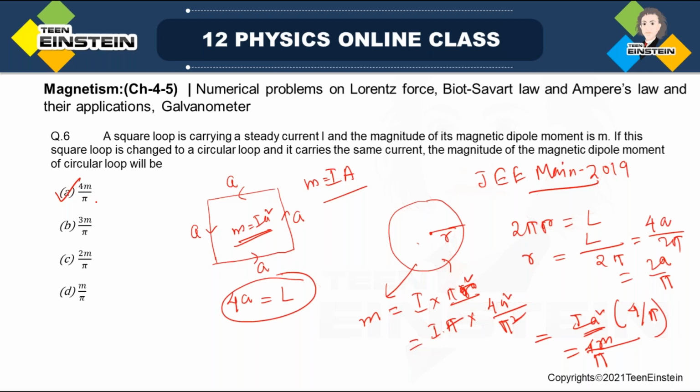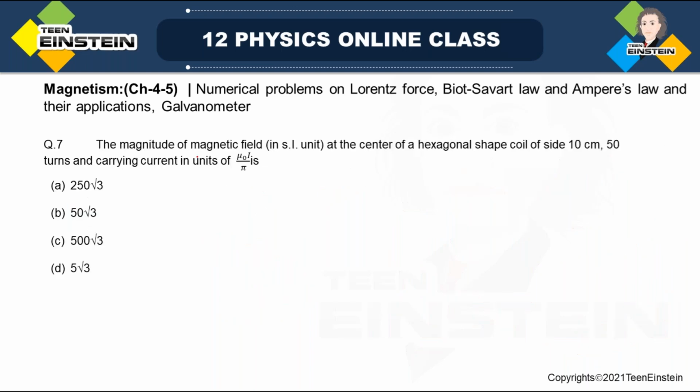Okay, so we'll go to the next problem. The seventh problem. Magnitude of magnetic field at the center of a hexagonal shaped coil of 50 turns carrying current I, in the units of this.